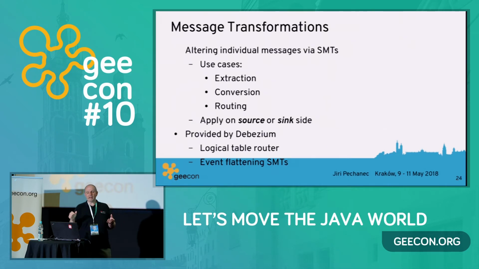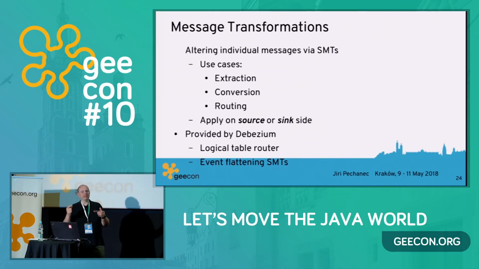So we are providing an SMT that allows you to extract only the after part of the message, effectively flattening it and converting it to a format that is understood by all sink connectors. So you apply the SMT and you can stream the event from the Debezium source to a JDBC sink connector or an Elasticsearch sink connector.